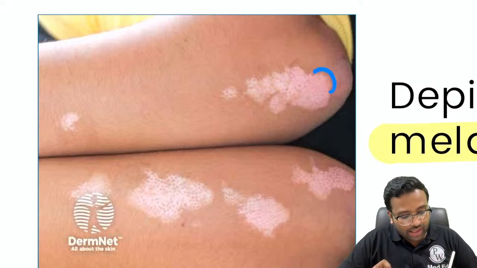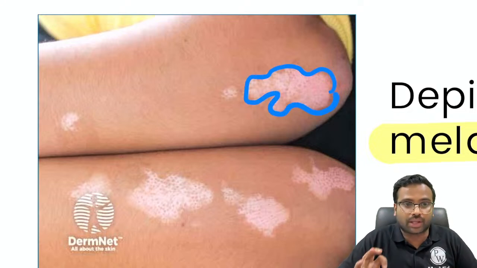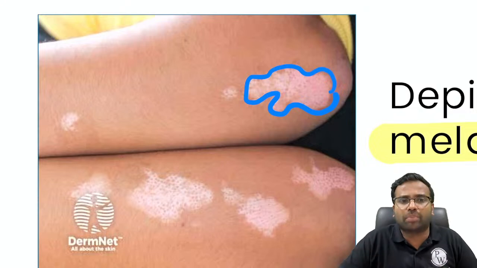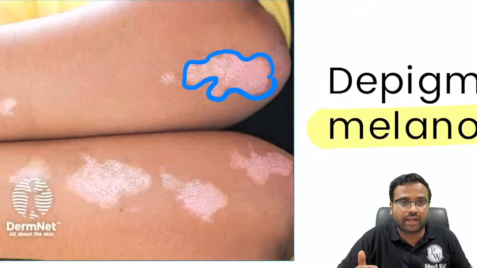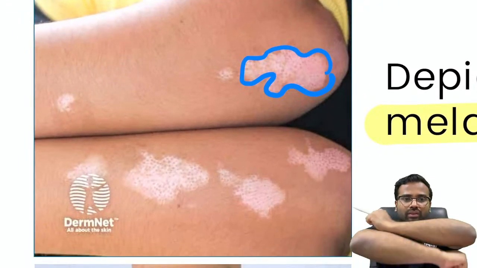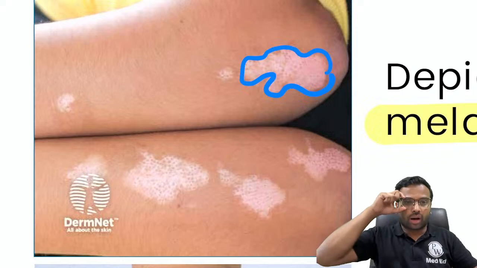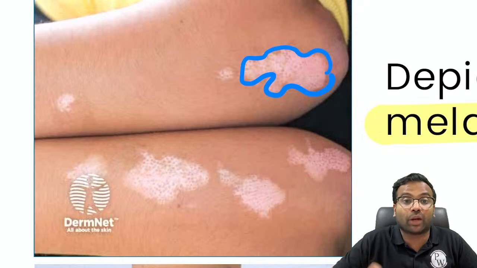It is a well circumscribed lesion which is depigmented, or let us say hypopigmented. But the question itself says it is depigmented, right? So it's a depigmented lesion that you can see probably over the forearm. And the most important clue is there is a complete absence of melanocytes.